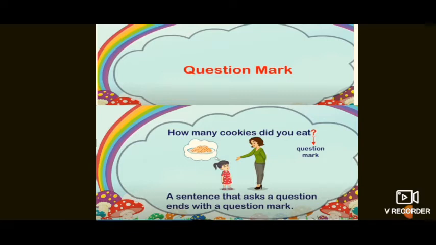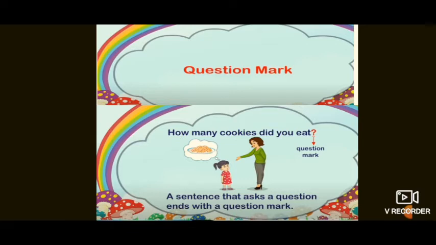Now in this picture, can you see there has been written a sentence: How many cookies did you eat? Here the sentence has started with How. See here the first letter in that sentence is, again as I told you, a capital letter, and at the same time, being a question, it has ended with a question mark.